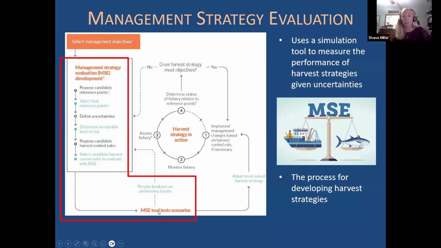Almost always when you do the testing, you're going to get some feedback from your managers and stakeholders and require revisiting some of your candidate reference points or harvest control rules. So really it's this whole process together that is the management strategy evaluation.